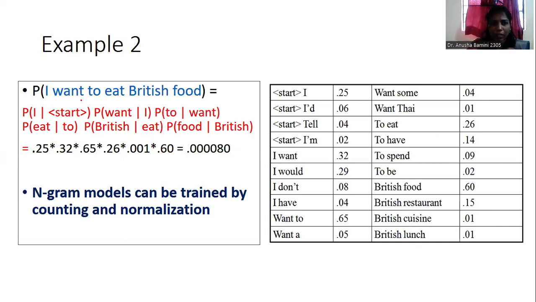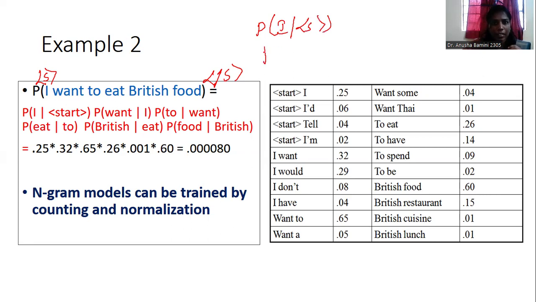Okay, we'll consider this example: probability of I want to eat British food. What is the probability of these words occurring continuously? I am taking each word one by one to solve this. How will you calculate? At first, as I already said to you, consider that a starting string is there, as well as the ending string. So by default the first probability is the probability of I given the starting string.